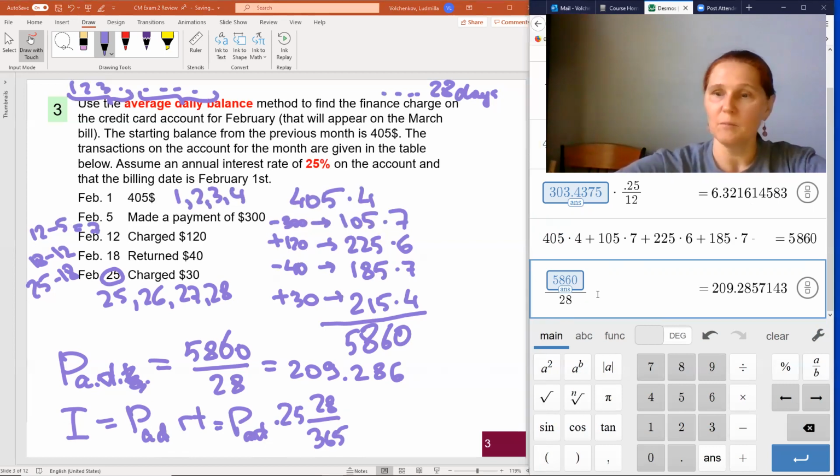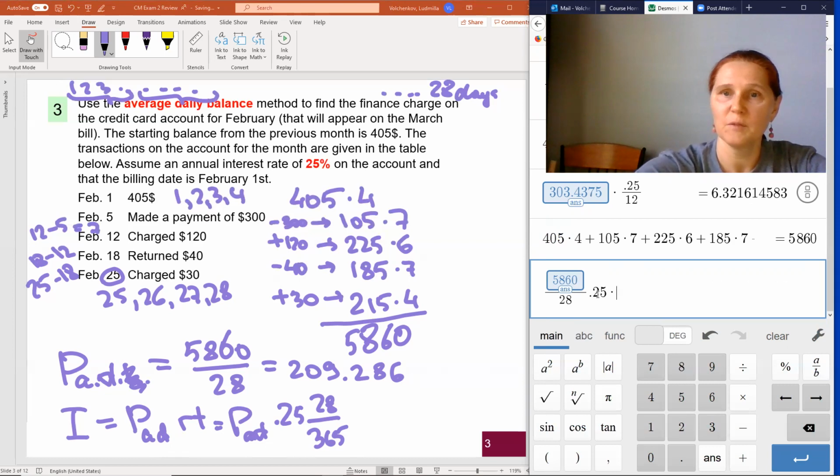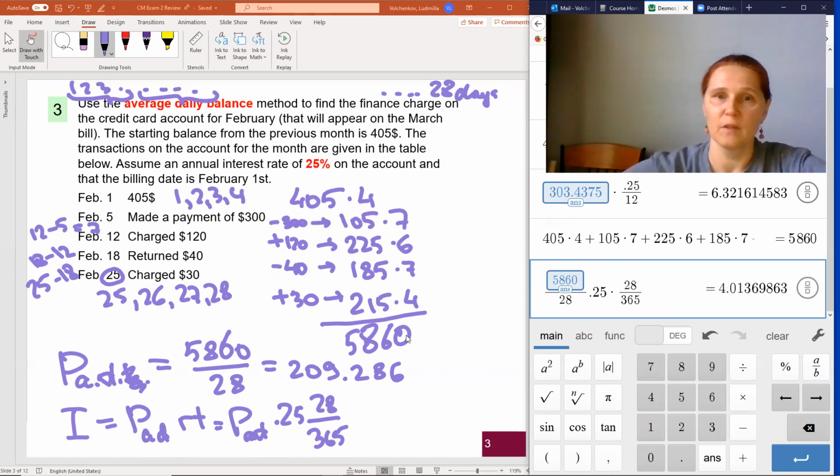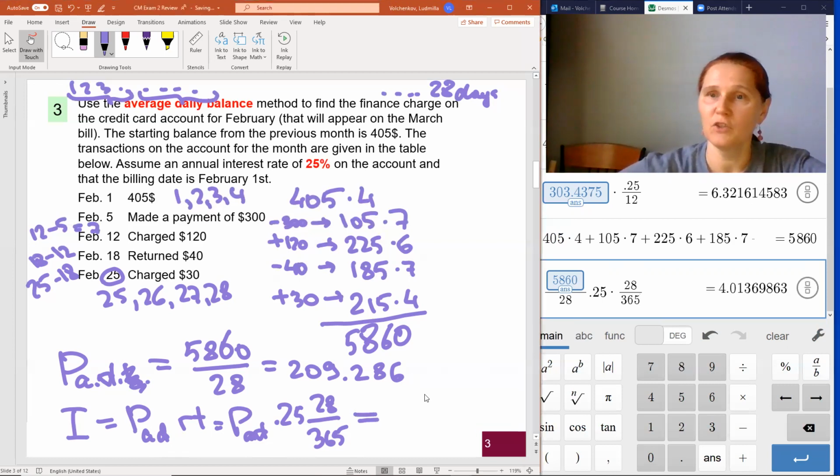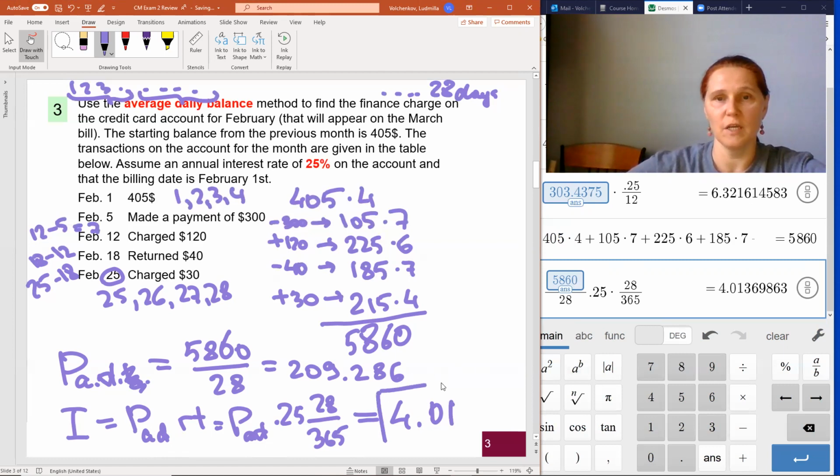Okay, we must multiply by 0.25, then multiply by 28 divided by 365. So the finance charge will be $4.01. This is the finance charge according to the average daily method.